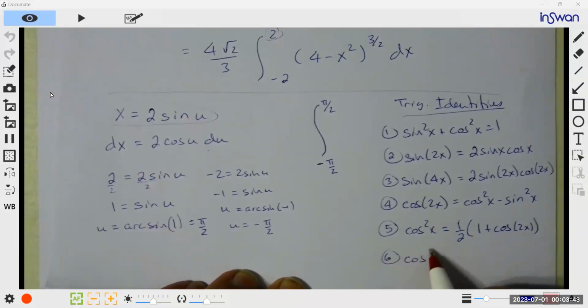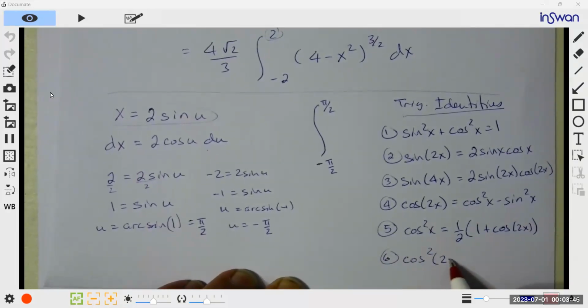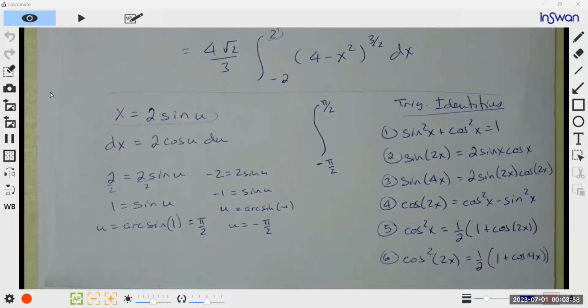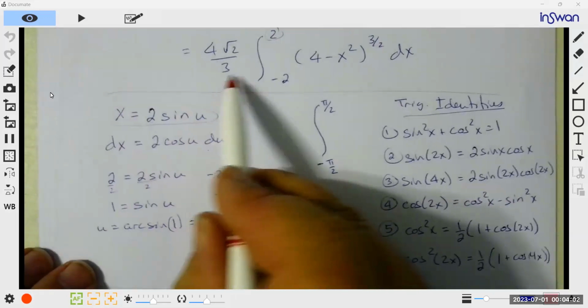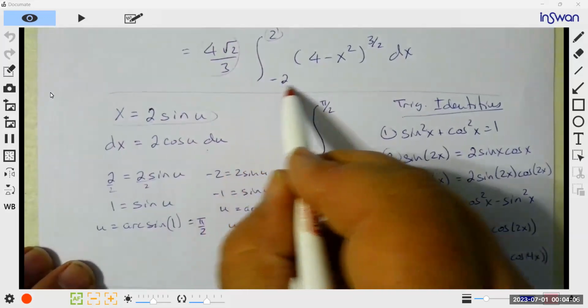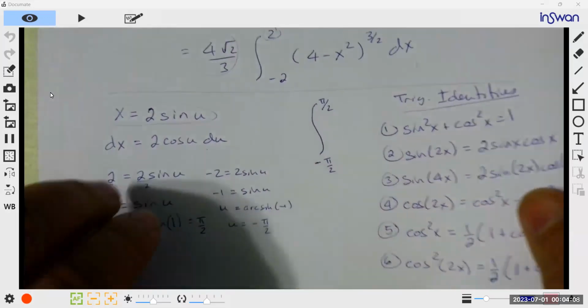And cosine squared 2x, the double angle, is equal to 1/2 times 1 plus cosine 4x. Those are the ones we'll be using now. So we'll start off, we'll bring this in later on, so it saves on writing. This is the only thing we'll be looking at now.